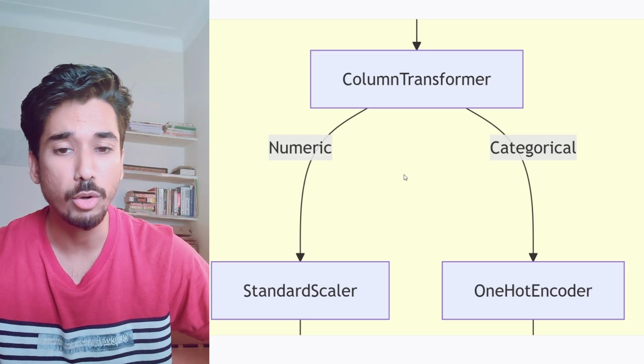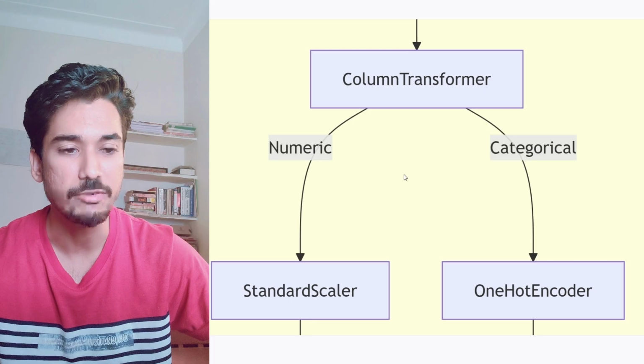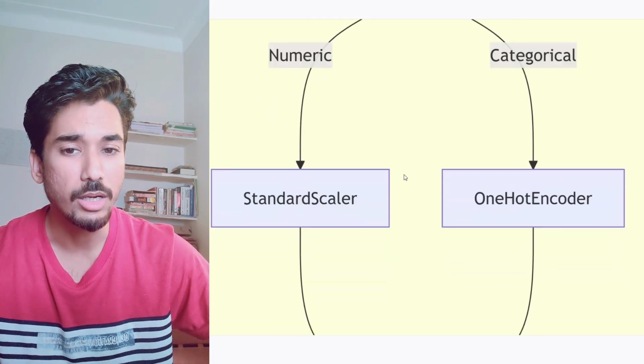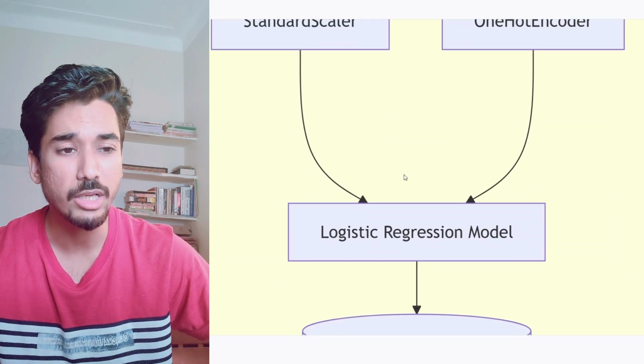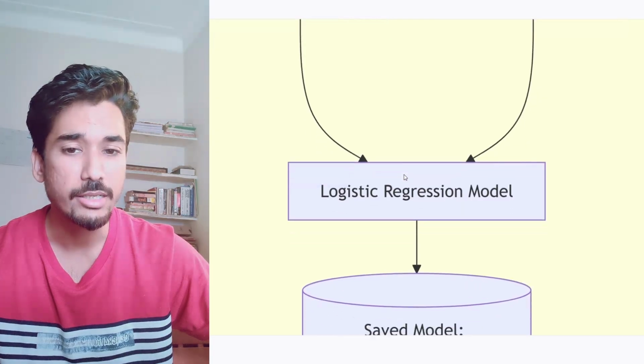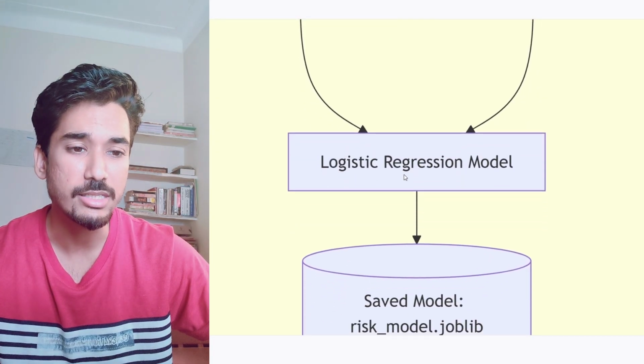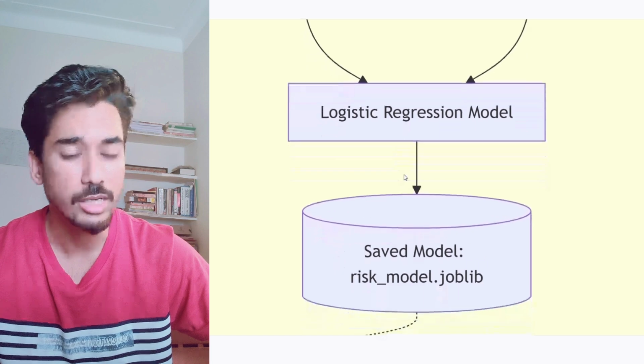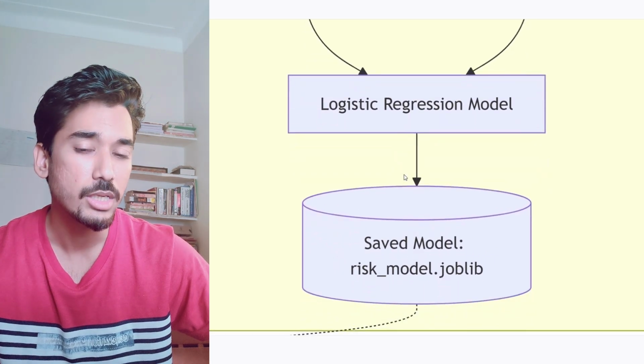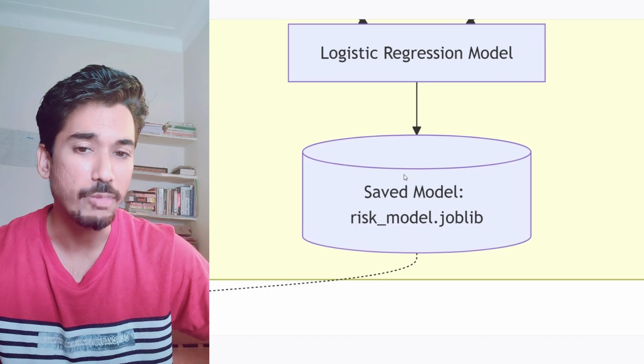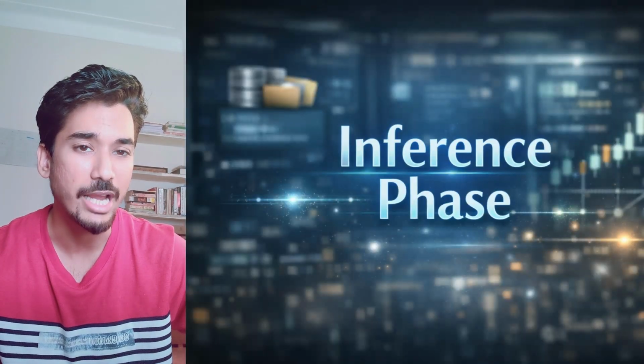One hot encoder basically does that itself. Then after that is done, we feed it to the logistic regression model, and the model is trained and saved as risk_model.joblib.